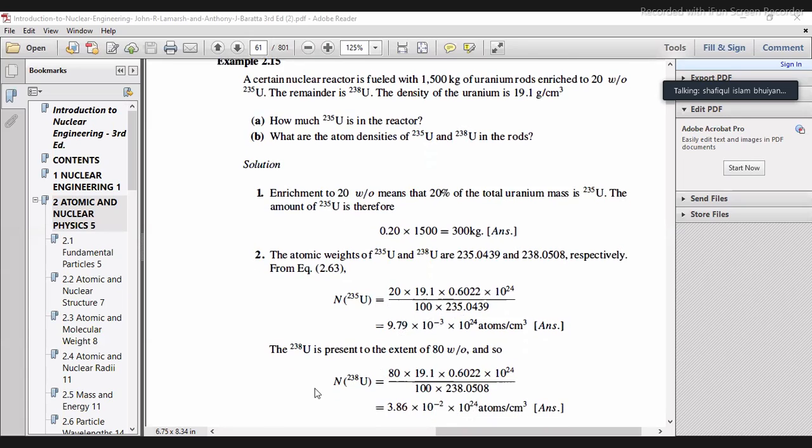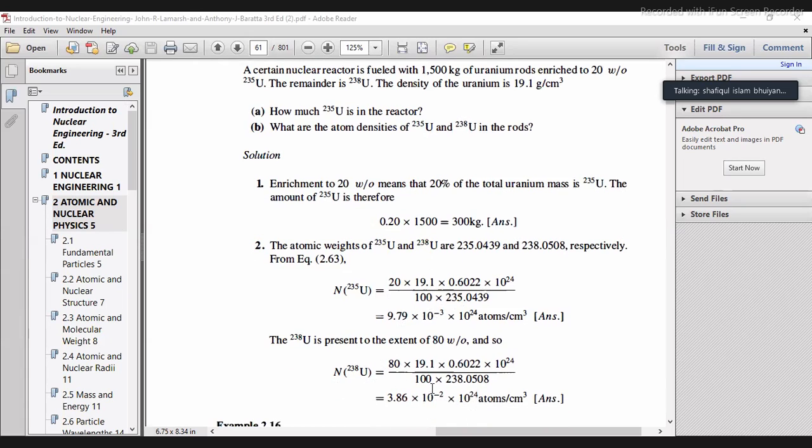So similarly, for U-238 the percentage will be 80%, 19.1 times 0.8, and then Na divided by the atomic weight of U-238, and you get the atom density of U-238. So you get the atom densities of U-235 and U-238 is this.